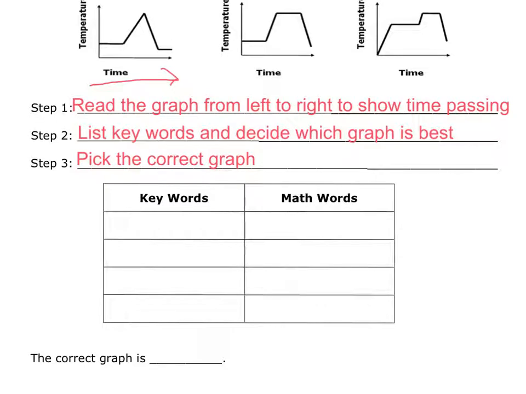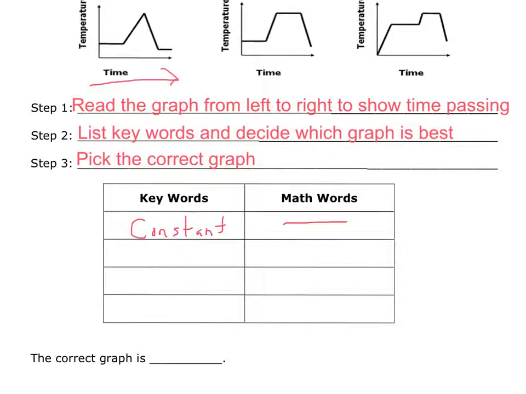Now when you look at your scenario listed up top, there are several different keywords. The first keyword that you're going to want to look for is constant. Whenever you see the keyword constant, you always know that when you draw the line in the graph, it's going to be horizontal.